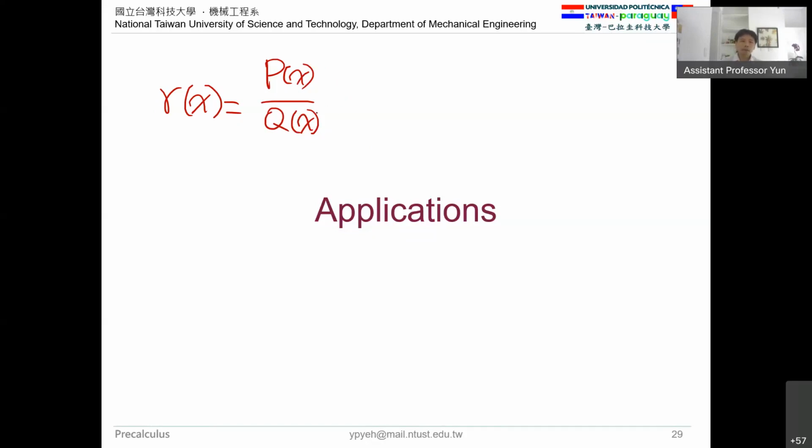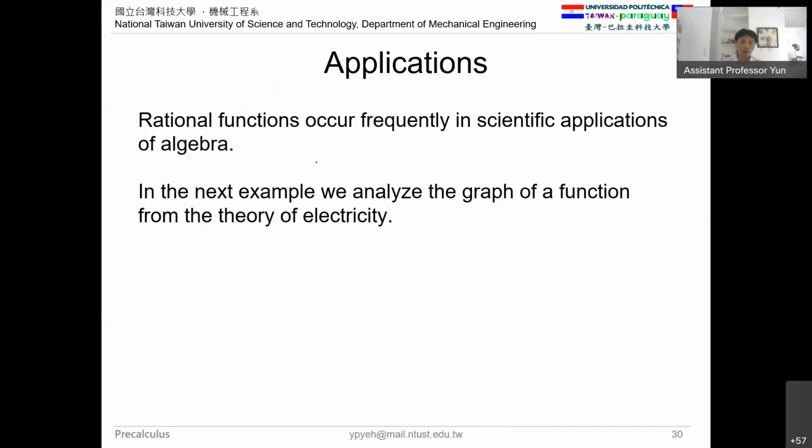Okay. So here we give some applications which use rational functions. Rational functions also occur frequently in scientific applications of algebra.